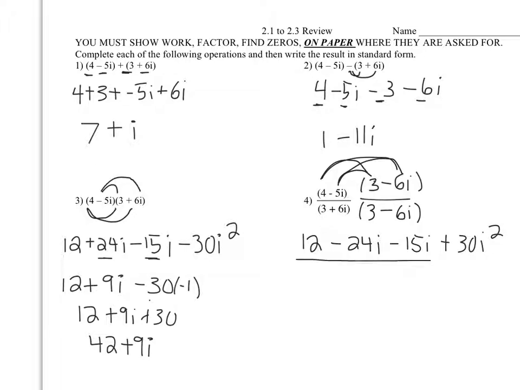But the reason we do this is in the denominator, when we multiply, I still do my double distributing. 3 times 3 gives me 9. But when I do 3 times negative 6i, that's going to get canceled when I multiply positive 6i times 3. And so then the only other piece I'm going to have in my denominator is 6i times negative 6i, which is negative 36i squared.